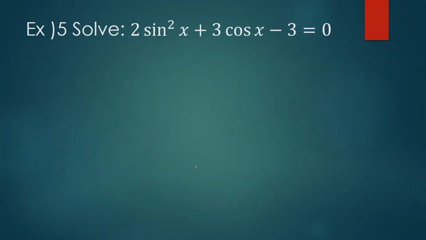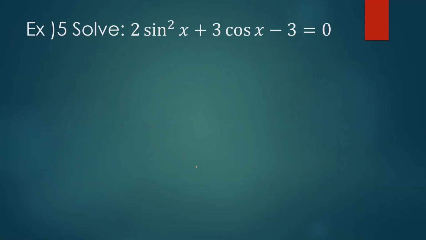Example 5 states the same thing: solve 2 sine square x plus 3 cosine of x minus 3 equals 0. So at first when I did this, I thought you could factor, but it does not factor at all. So factoring will not work. So then what I did was use one of our identities.